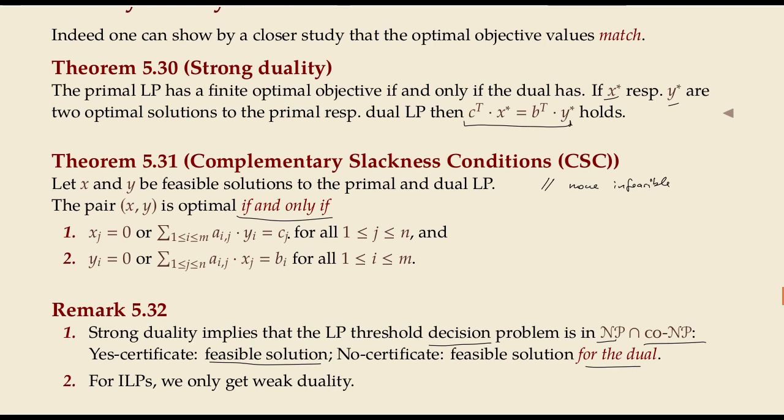And it's also a good criterion to easily check if we are given two solutions. This is very easy to compute, so that we can easily check if the two solutions are optimal. Of course, to check if the two are optimal, you could also just compute whether the objective values match, which is in a sense what we're doing, but these are algorithmically more useful.